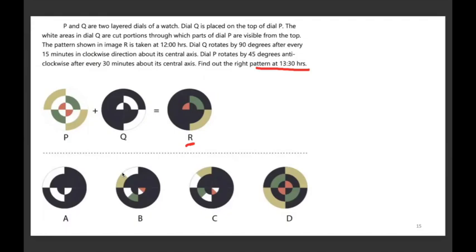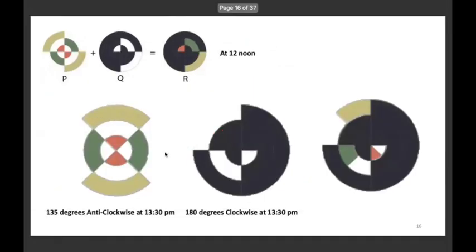13:30 hours. All right. So this is 12 hours. We have to find the pattern at 13:30. We know Q rotates 90 degrees after every 15 minutes and P rotates by 45 degrees. Okay. So this is how the rotation will work out. From this position at 12 noon, when it becomes 13:30, dial P will rotate 135 degrees in the anti-clockwise direction.